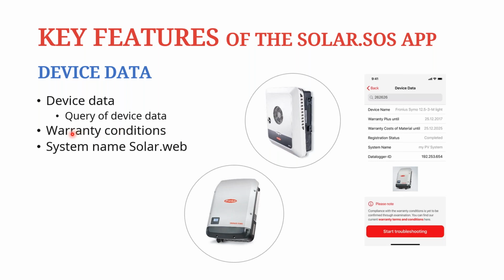And once you have done that, you can query that data for that particular device directly in Solar Online Support, and it will tell you what the warranty conditions are and until which date the warranty is valid. You will also be able to see the name of the system in SolarWeb for which that inverter is being used.